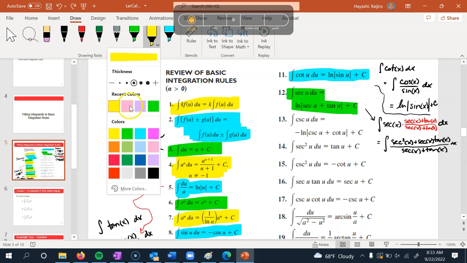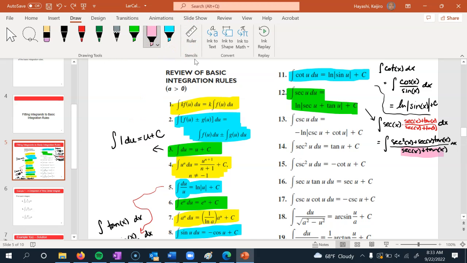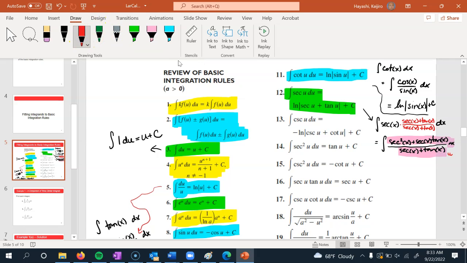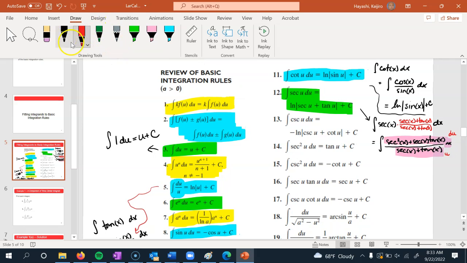So I guess we can say, this is u. This here is du. So this just becomes the integral of 1 over u du, or du over u, which is still the natural log of whatever that bottom thing is plus c.